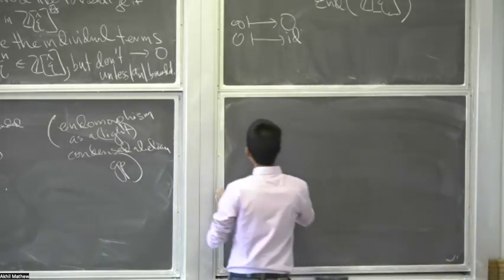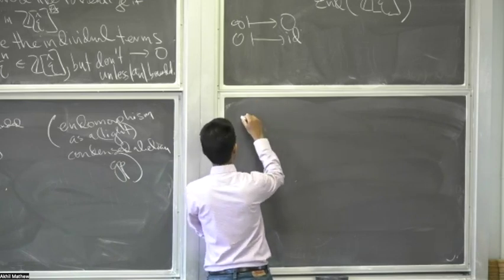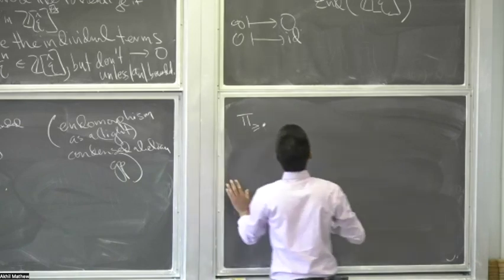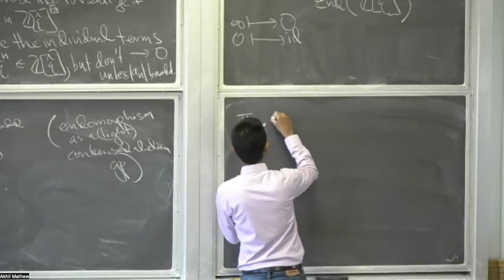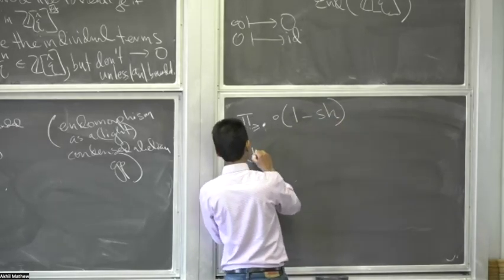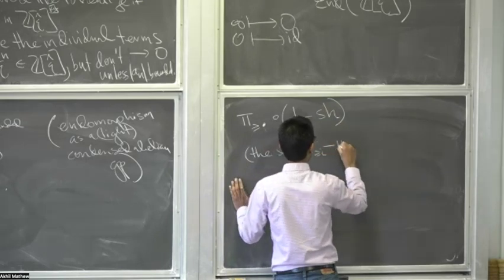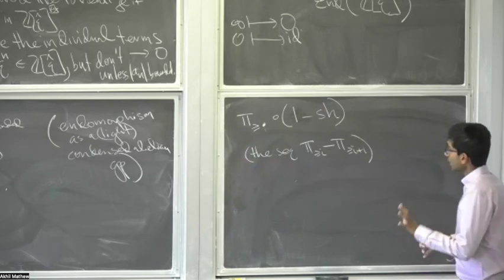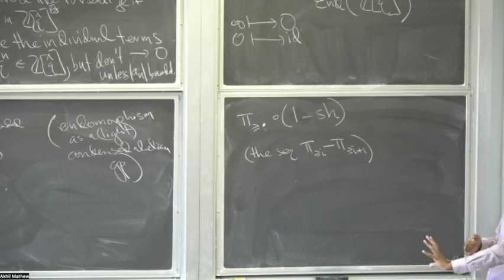Now, the observation is that if you take this π, I guess I should give this a name, π_{≥*}, and compose it with 1 minus the shift operator, in other words, if you consider the sequence π_{≥i} minus π_{≥i+1}, it's going to carry the Z[[q]]_bounded into Z[q]-hat.